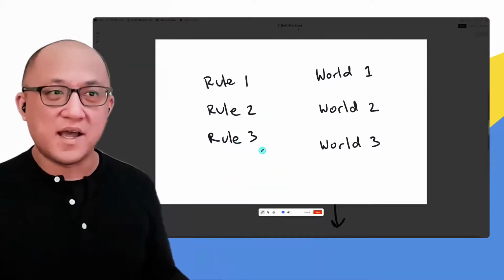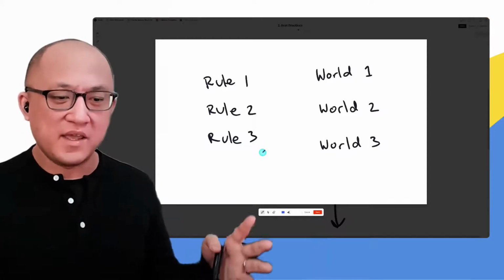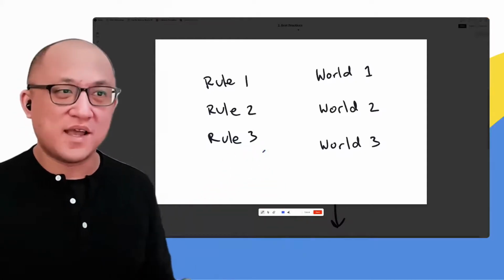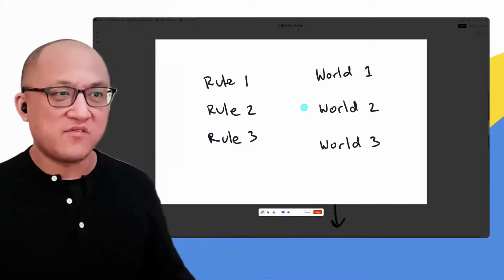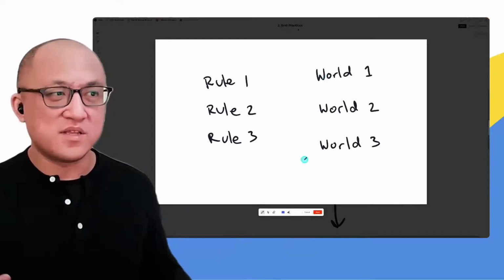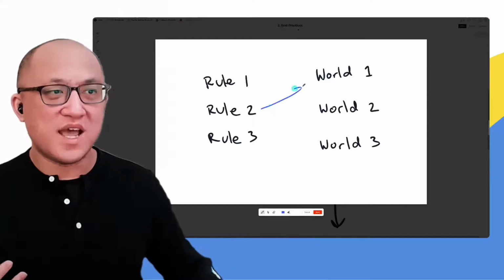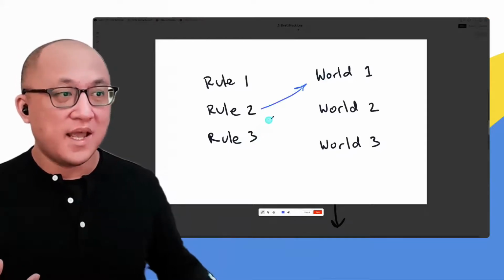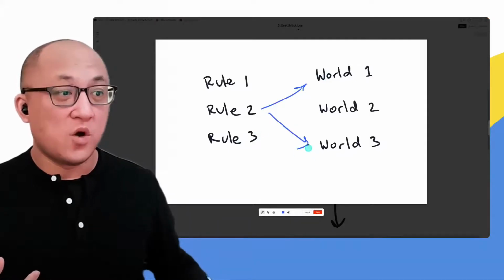But what you don't want to happen is just go by flashes of insight and noticing things, right? If I'm applying rules to worlds, I don't want to be like, oh, you know what? I noticed rule 2 is going to have this impact in world 1. Oh, it also does something over here. Okay, let me move on to rule 3.